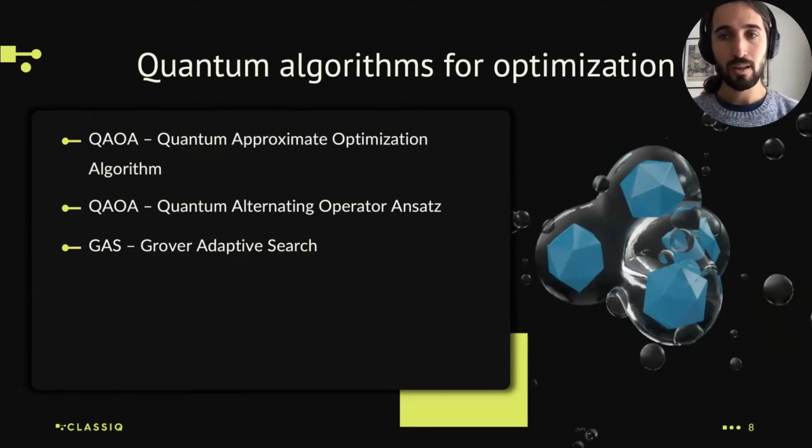Okay, so the algorithms, there are two QAOAs. It's the same abbreviation, but two different names. One of them is quantum approximate optimization, and the second one is quantum alternating operator ansatz. We're going to describe it in a second. The last one is Grover adaptive search.